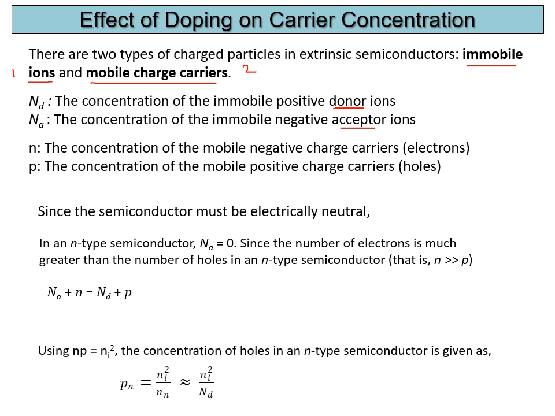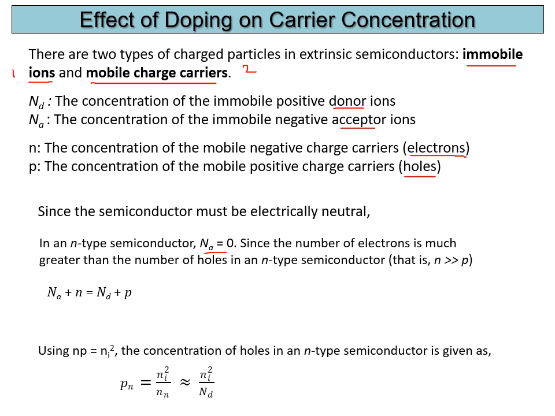N is the concentration of the mobile negative charge carriers representing electrons, while P is the concentration of the mobile positive charge carriers representing holes. Since the semiconductor must be electrically neutral, in an N-type semiconductor, Na will be equal to 0.